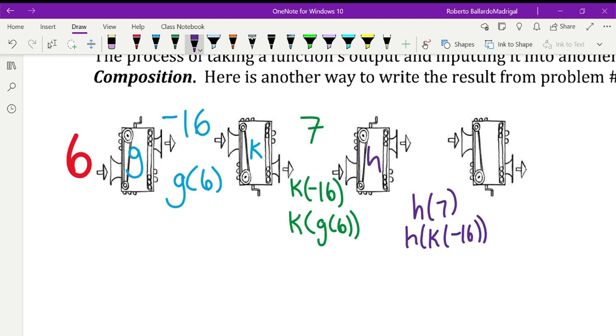Or if we were to think back to the first one, this would then be h of k of g of 6. All three of these are the same. They're the same thing. We're just doing layers. Okay? Numerically, that was 121.